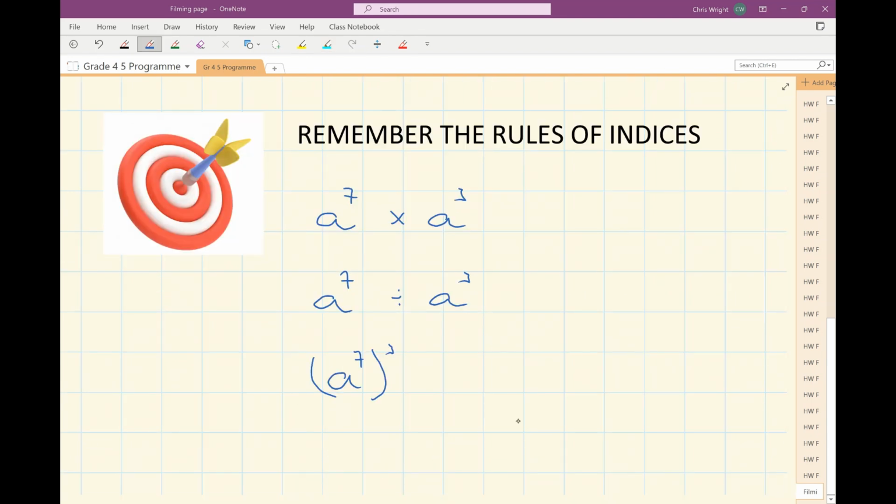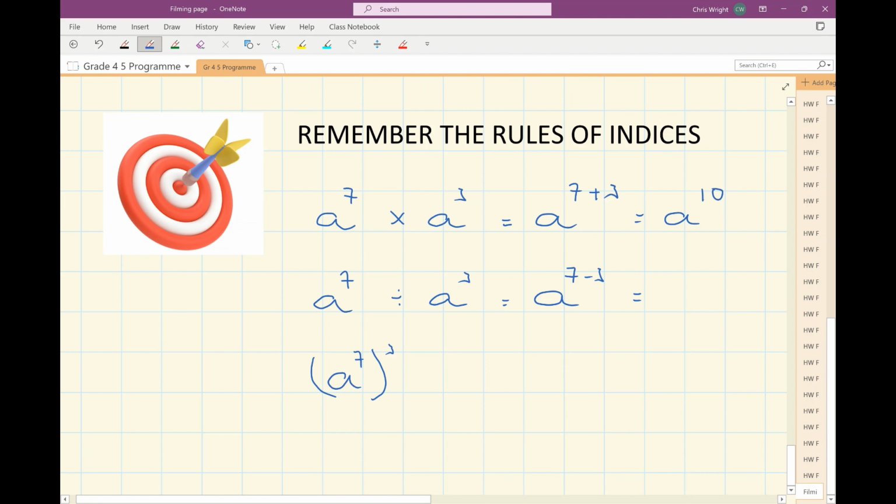So, what do you need to remember? Well, you need to remember your rules of indices. You need to remember that when you multiply expressions with powers, such as a to the power of 7 multiplied by a cubed, you add the powers. So that will be a to the power of 10. You need to remember that when you divide expressions involving indices, a to the power of 7 divided by a cubed, that you subtract the indices.